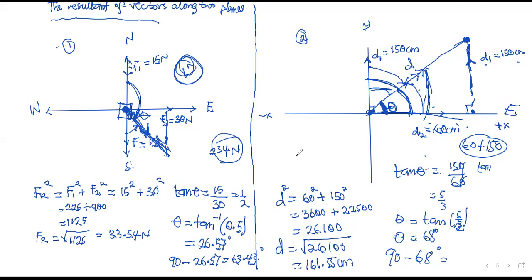Imelda, the first one, d squared is equal to 60 squared plus 150 squared. That's the magnitude. And the second one is the angle, the direction. 161.55 centimeters is the magnitude of the resultant. And when we determine theta, it is the direction it makes either with the x-axis or the y-axis.